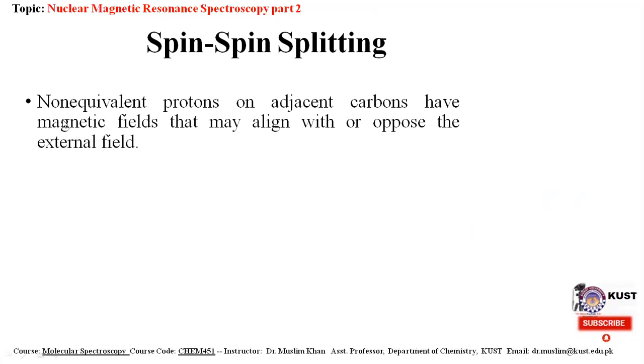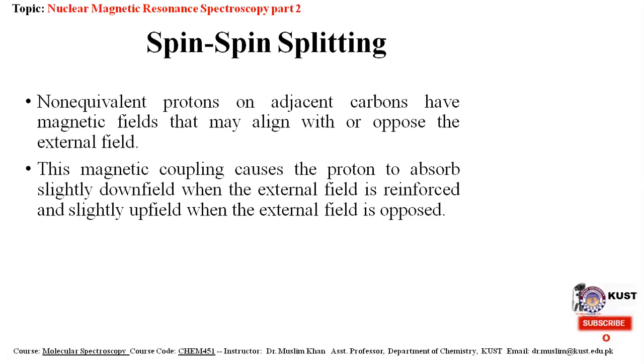So there are different possibilities. This magnetic coupling causes the proton to absorb slightly downfield when the external field is reinforced, and slightly upfield when the external field is opposed. So that's why all possibilities exist.